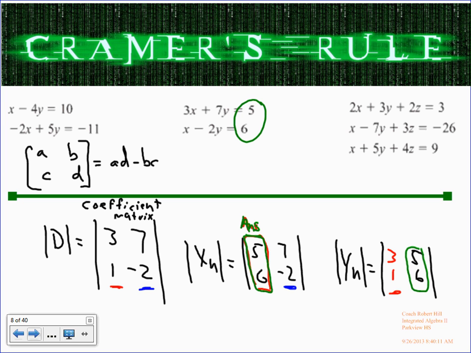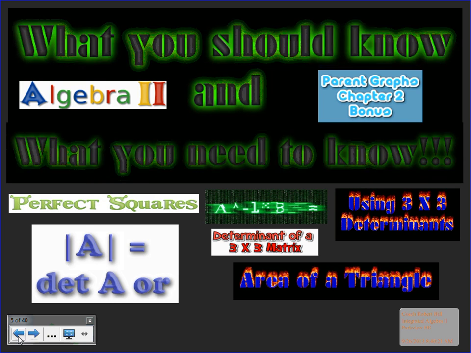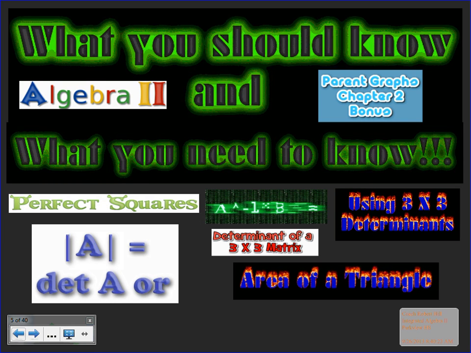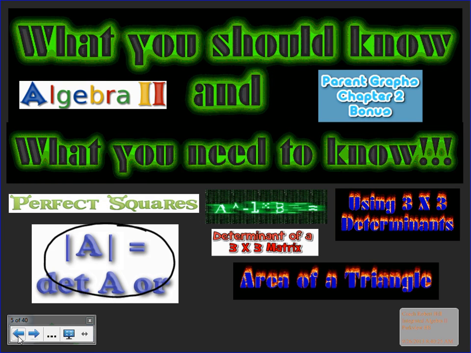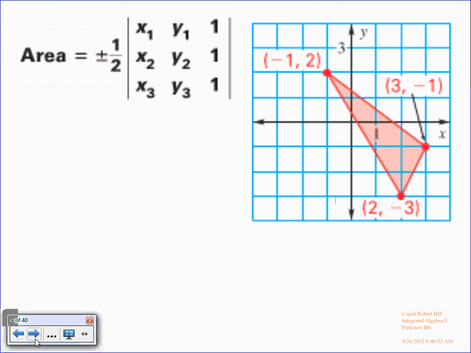That's what you do to find the determinant of a 2 by 2 matrix. To find a determinant of a 2 by 2 matrix, I will use that symbolism right there. It will say DET A, or looks like absolute value. But where we're at, it's not absolute value.